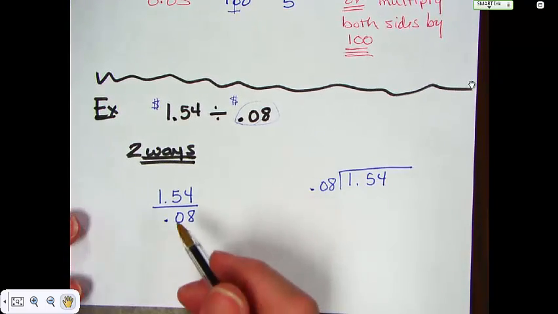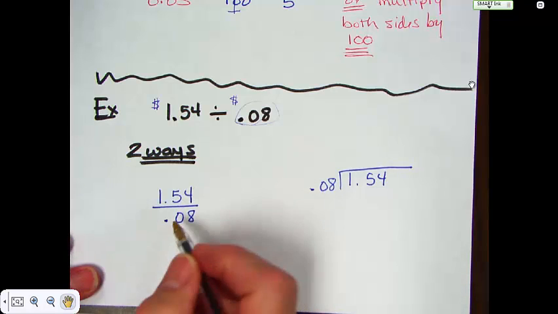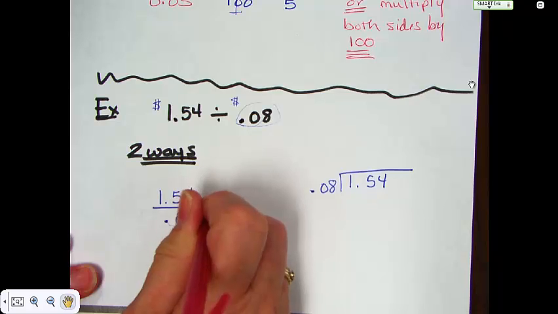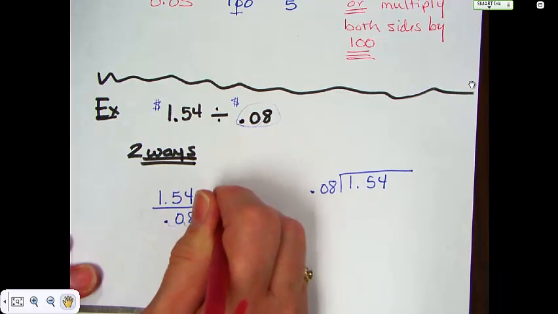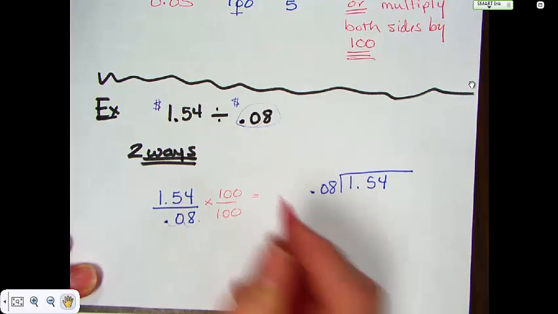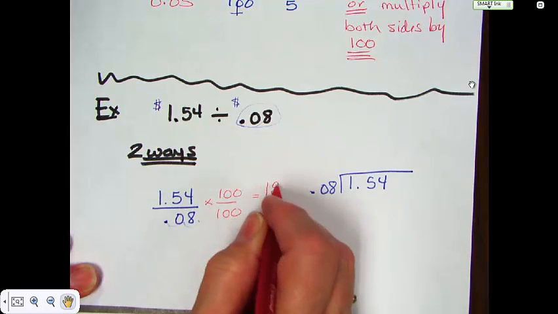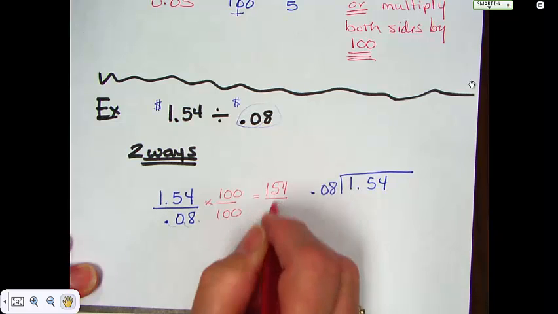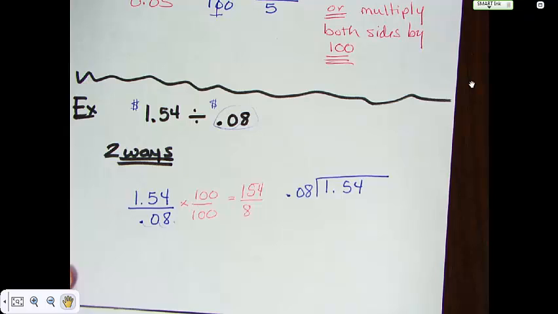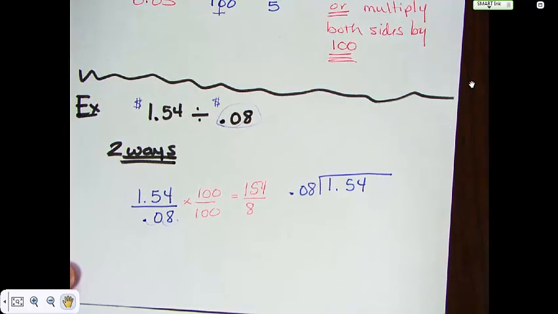If we want to use the fraction and multiply, we know this has to move two places, so we would simply take the top and the bottom times 100, which would give us 154 divided by 8.